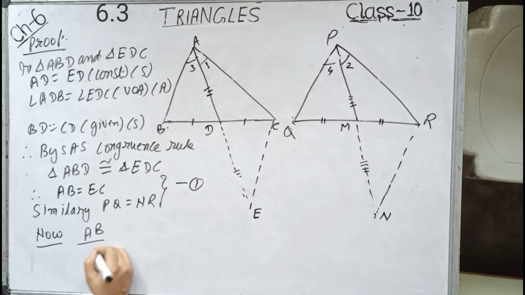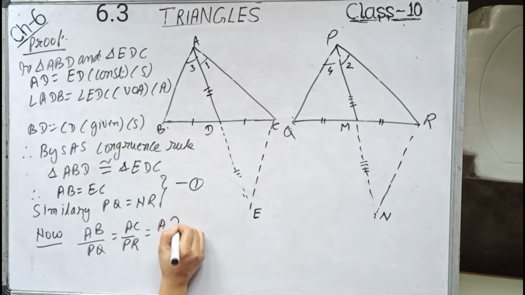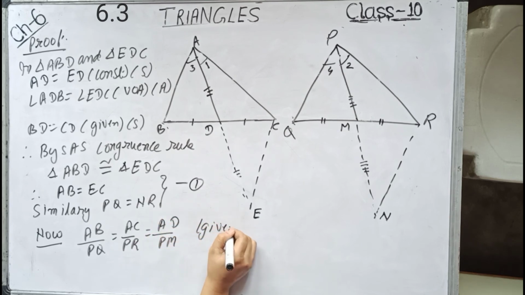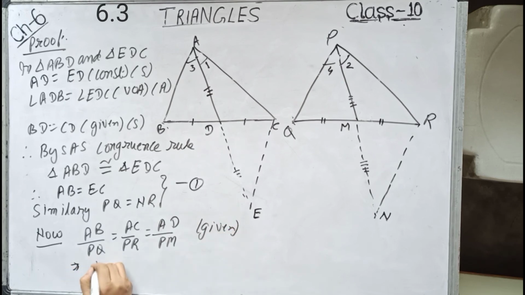AB by PQ equals AC by PR equals AD by PM, given. Here we will change. This implies AB by PQ.